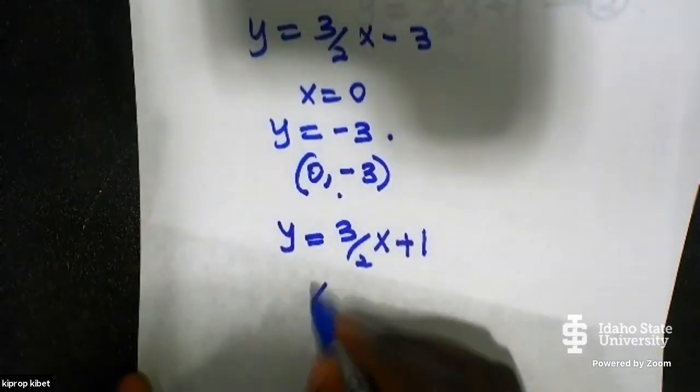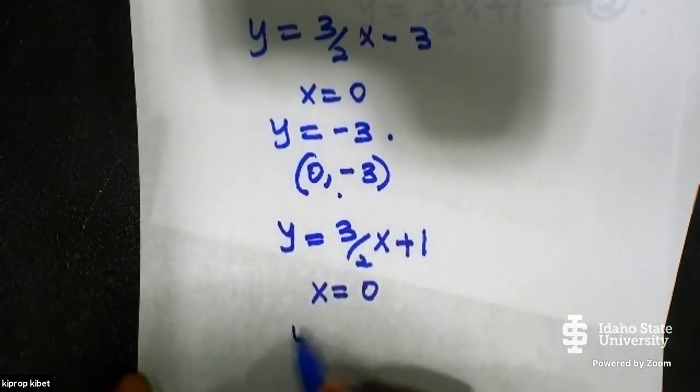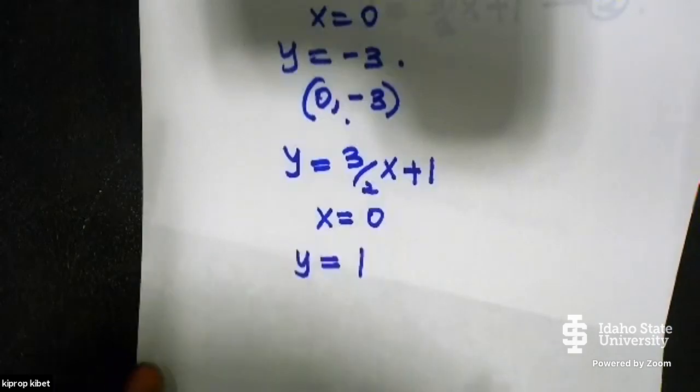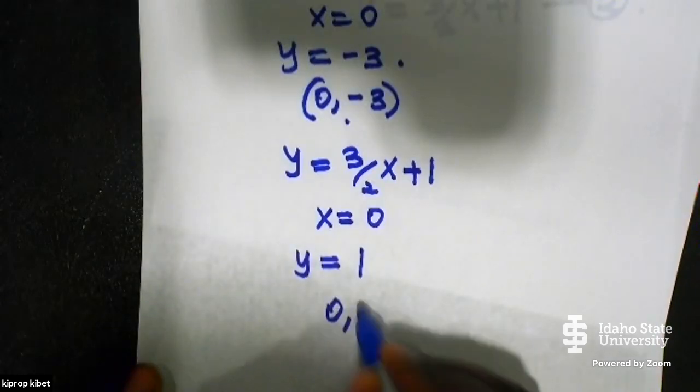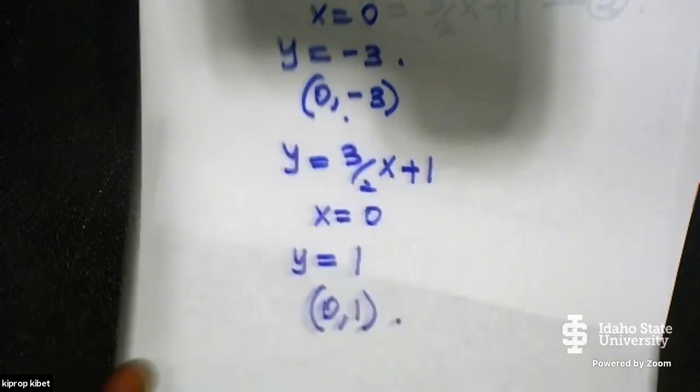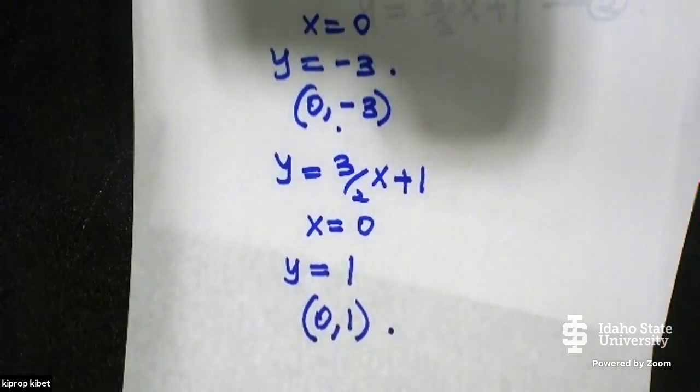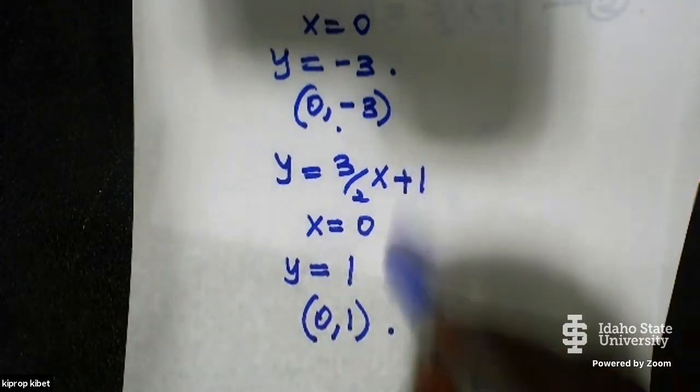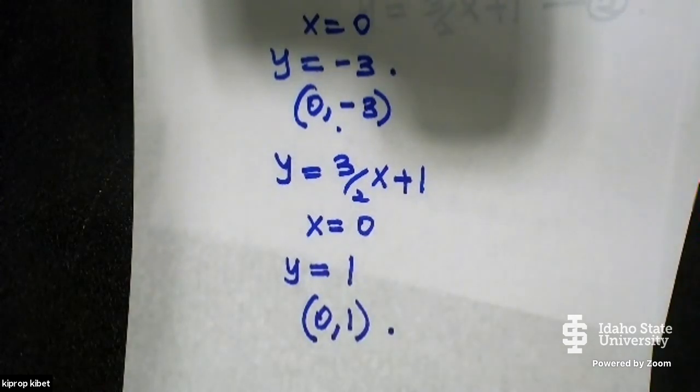When x equals 0, y equals 1. So our point here is 0 and 1. So we can identify these as parallel lines. They have the same gradient, but they have different y-intercepts. Okay? All right.